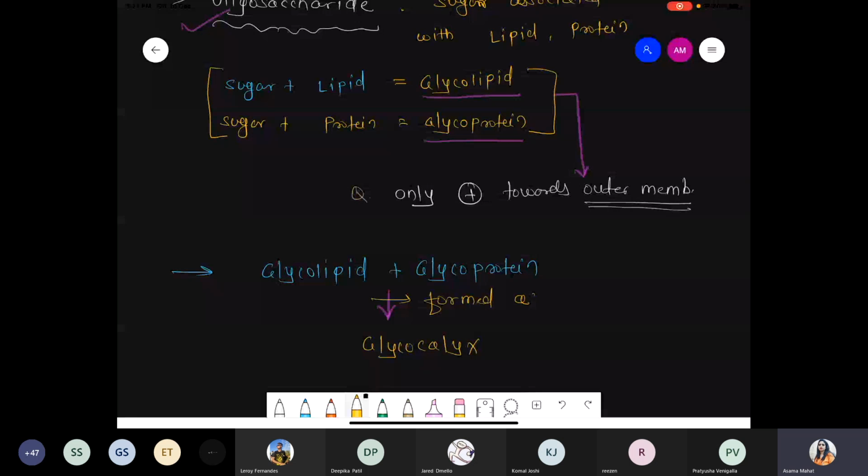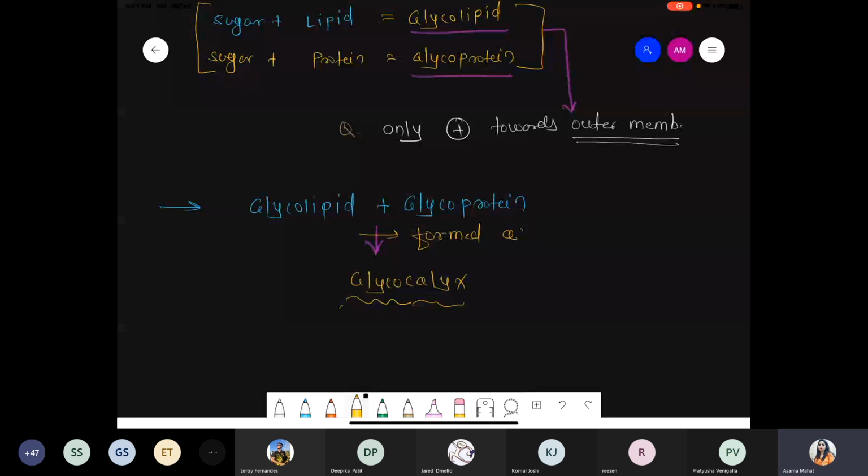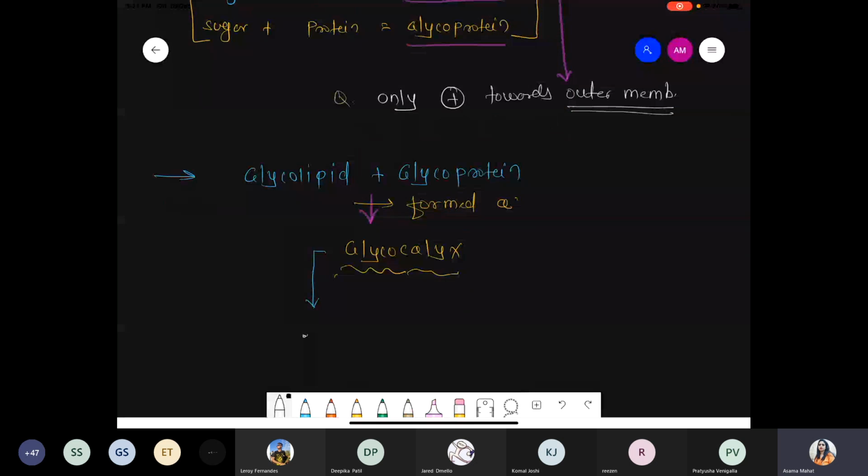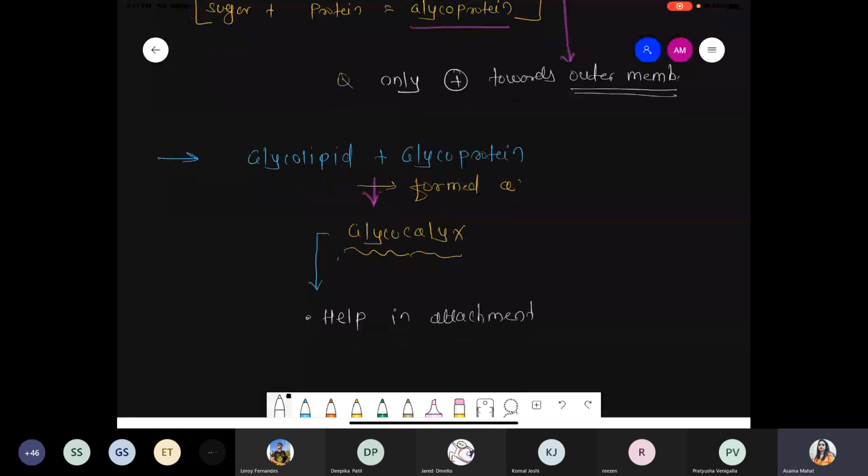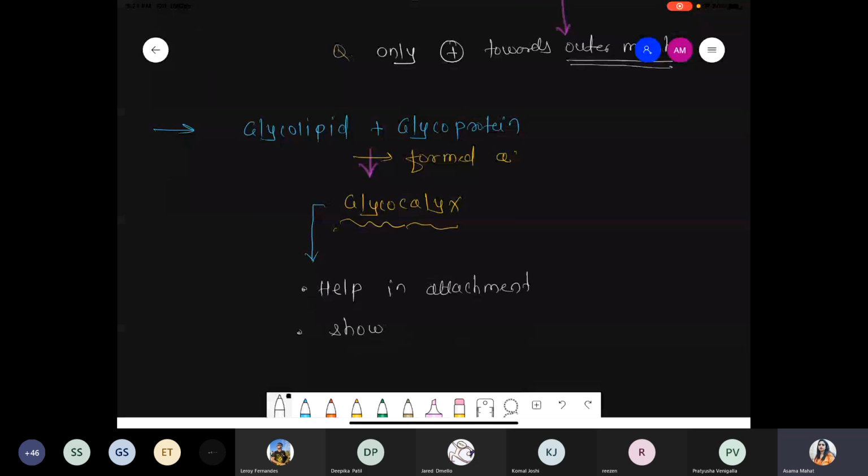If I talk about the exact function of the glycocalyx, first of all it helps in attachment, because glycocalyx is a sticky substance. So it helps in attachment, and as we just discussed, it shows antigenic property. And the next one, it also acts as a recognition center, for self and non-self.